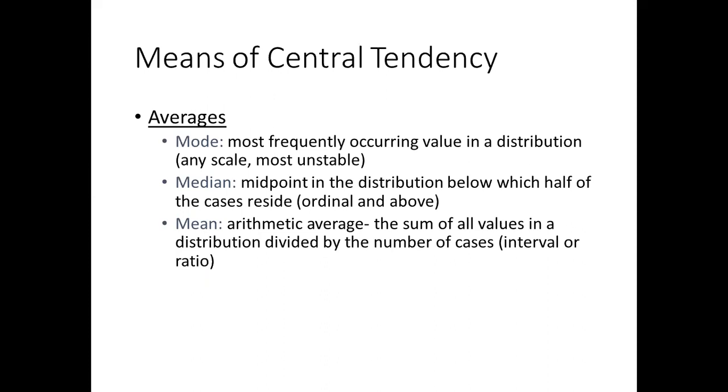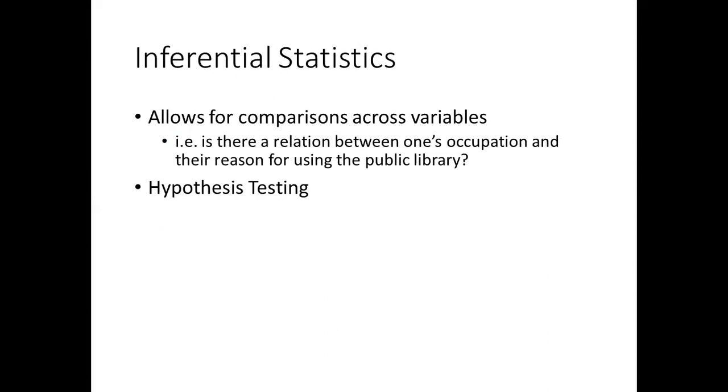We also have what we call inferential statistics. Inferential statistics allow for comparison across variables. For example, is there any relationship between one's occupation and their reason for using the public library? This is like a hypothesis that has been formulated, looking at a relationship.